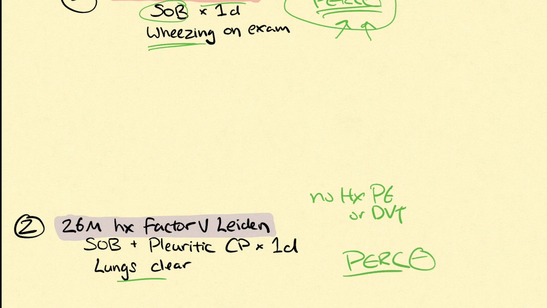But this is not the patient you can use PERC on, right? Because I have a clinical suspicion that this patient might have a PE, I immediately cannot use this rule anymore, okay? And so I want to make sure you understand the pathway of the PERC rule, and how we use it in clinical assessments.